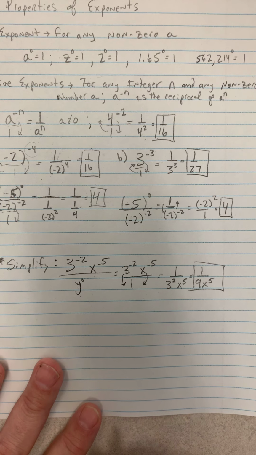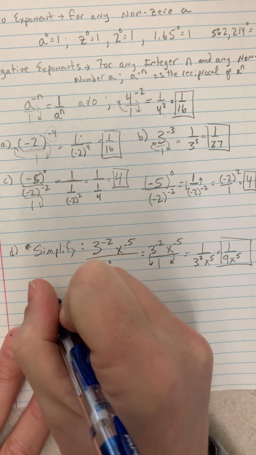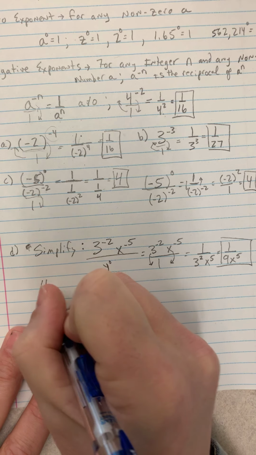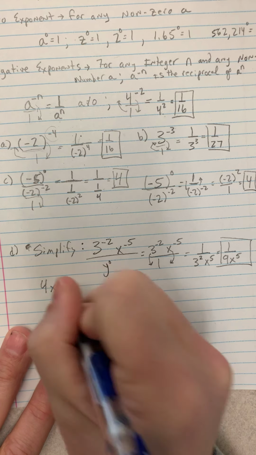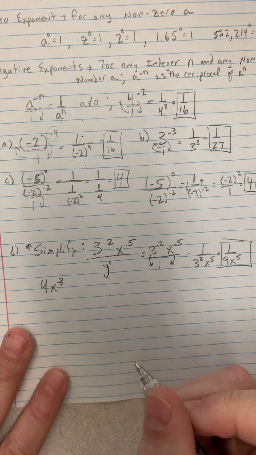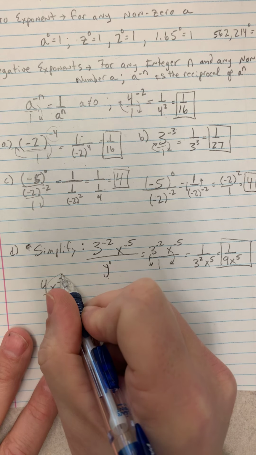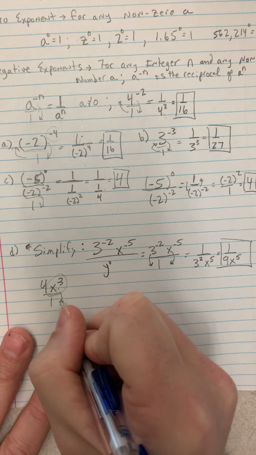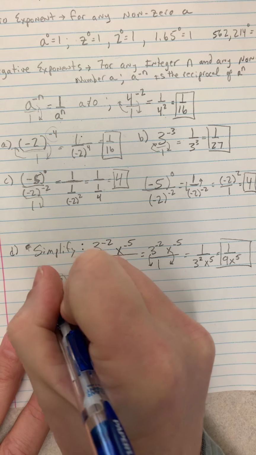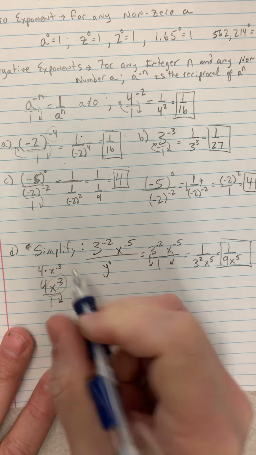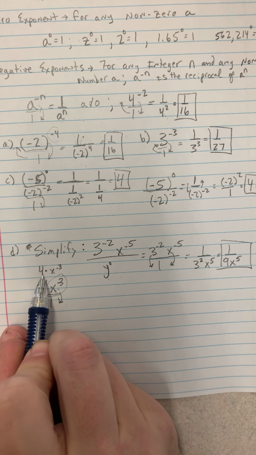And I got it. We've got to keep that in mind because if I have something like 4x to the negative 3rd, and I'm asked to simplify, this x to the negative 3rd is what has the negative exponent. That's what comes down. This is 4 times x to the negative 3rd. There's no negative exponent with that 4.